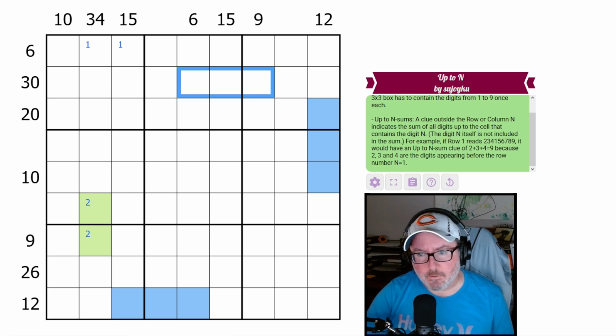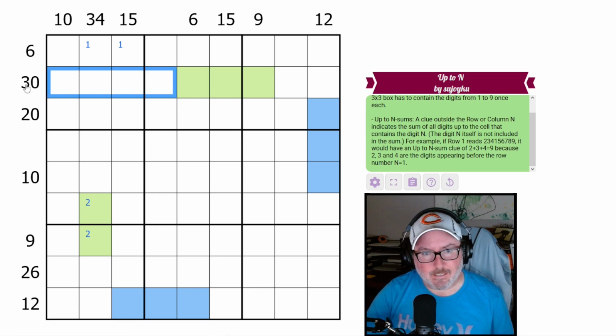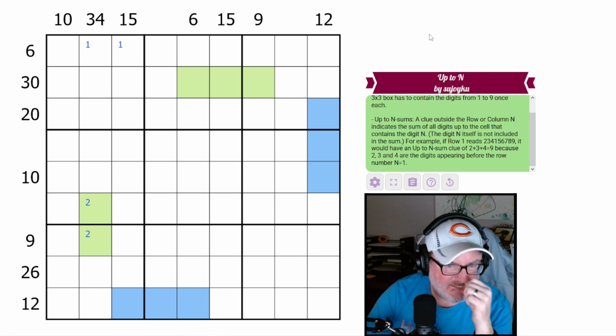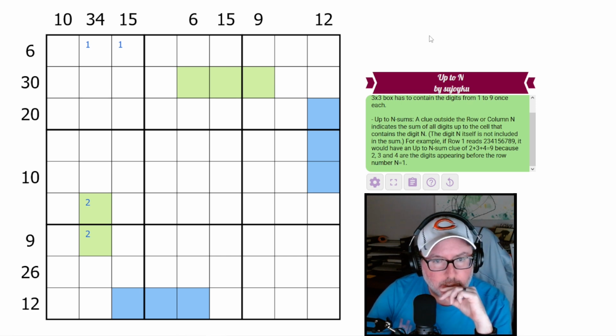So any of these could be 2s. Because this could be a 2, and then these could add to 13. Or this would be the 2, and these would be the 9, 8, 7, 6 to get us to 30. And then we could go in between and adjust from there. This is a little bit of a head scratcher.